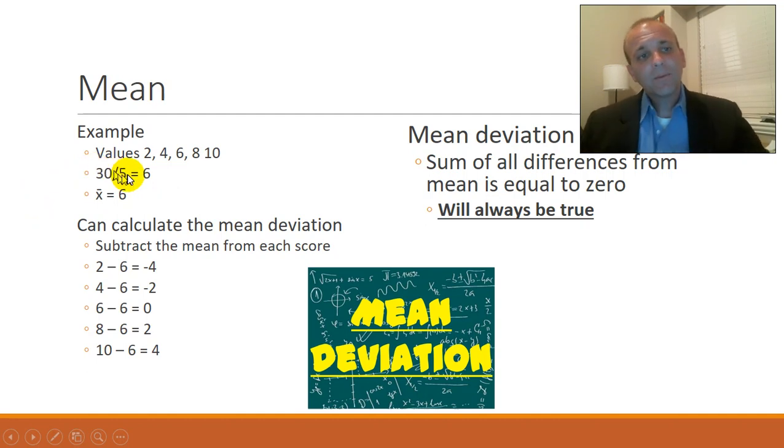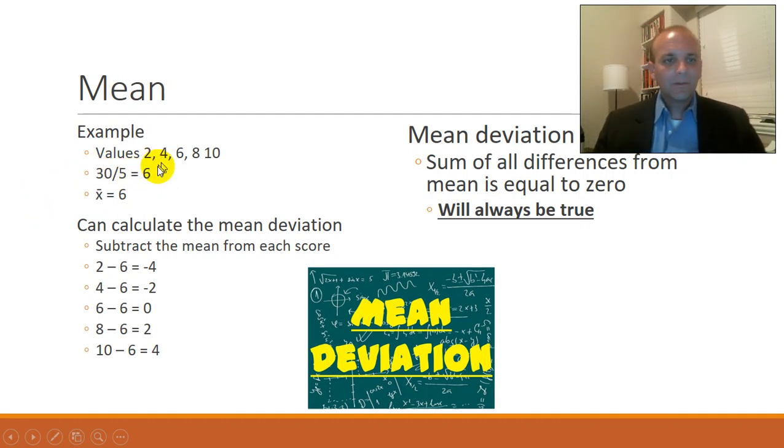So here's an example. You have the even number values 2, 4, 6, 8, and 10, right? If you add these values up, you get 30, and you divide it by 5 because there's 1, 2, 3, 4, 5. We added them all together, which equals 30, and then we divide by 5 because that's the number of cases, and that's 6. And our average, our X bar for that sample, equals 6.